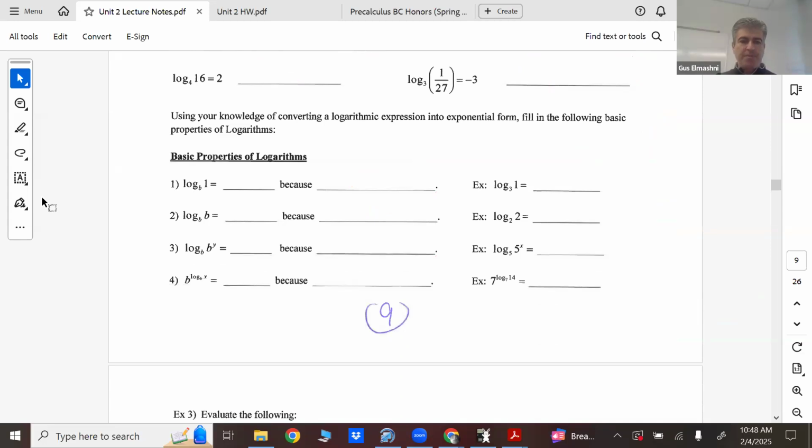Some more here. Ask me why. That's because b to the y equals b to the y. So that'd be x. This would be x. That's because log base b of x. Let me switch colors for a little bit.